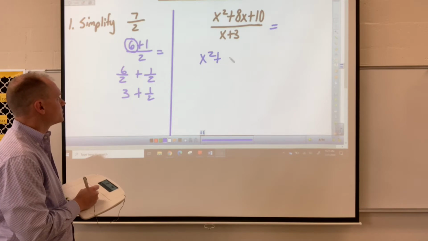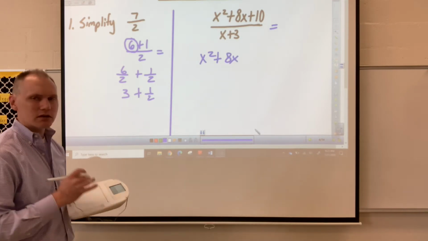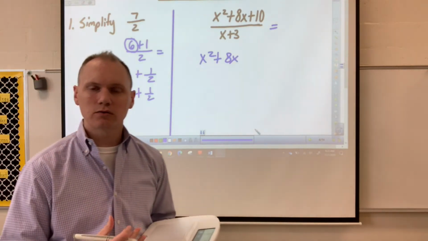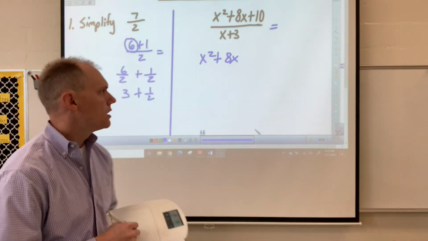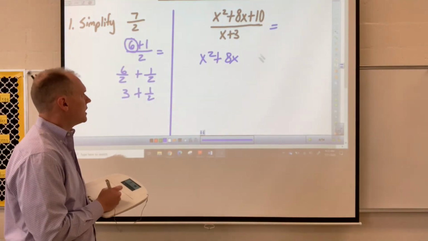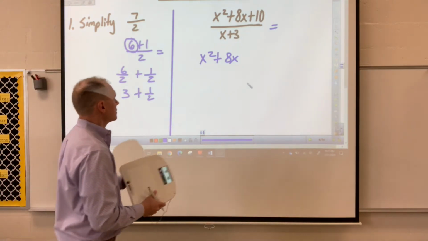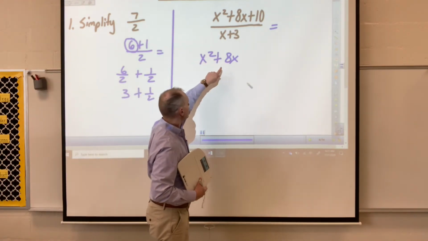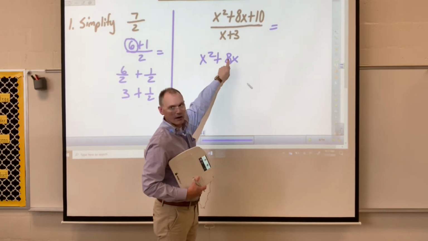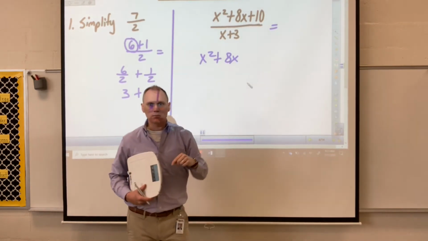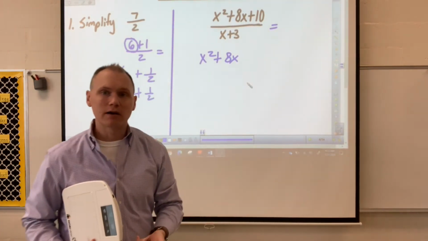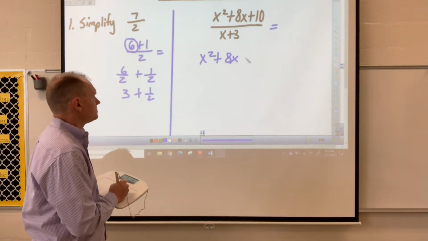X squared plus 8x, that's going to remain the same. What we can change, though, really easily is the number. So let's change the 10, and let's just rewrite that. So if x plus 3 was a factor of whatever we're creating here, it'd be 3 plus 5, right? 3 and 5 would add to give us 8. 3 times 5 would be 15.